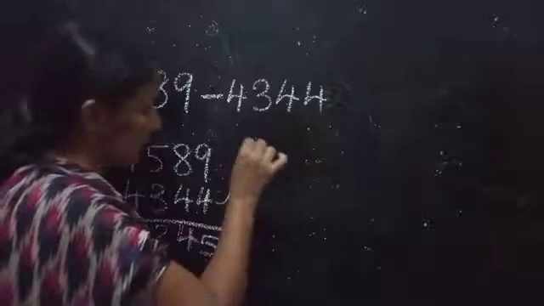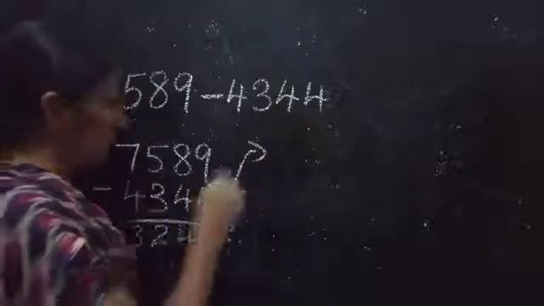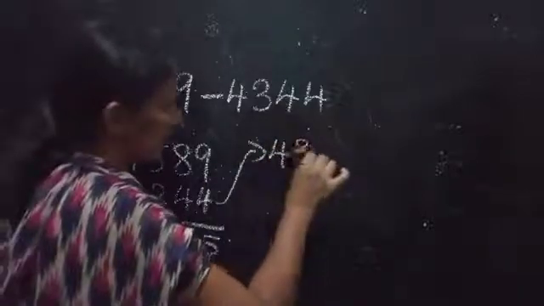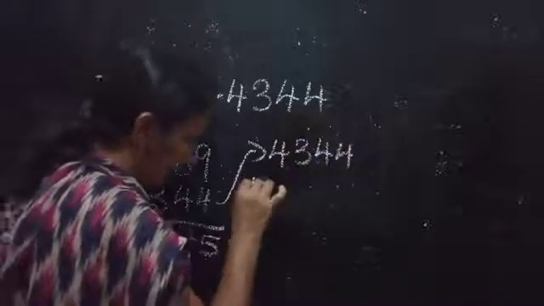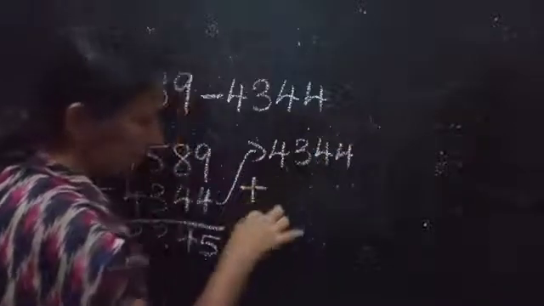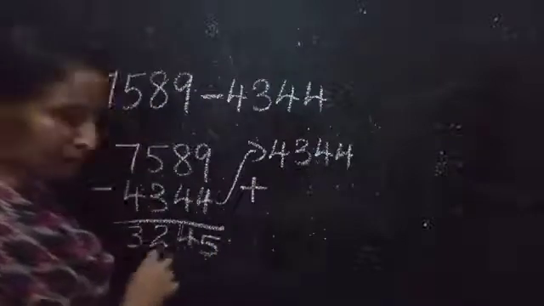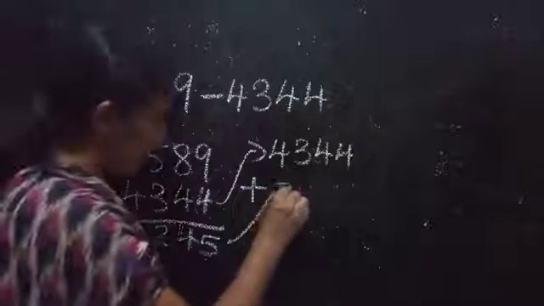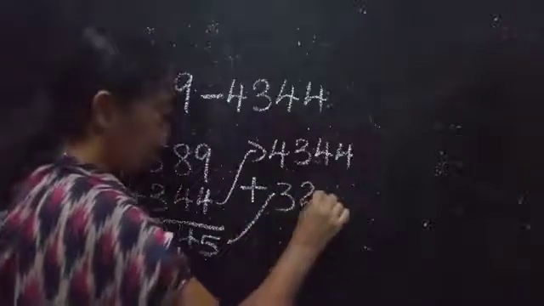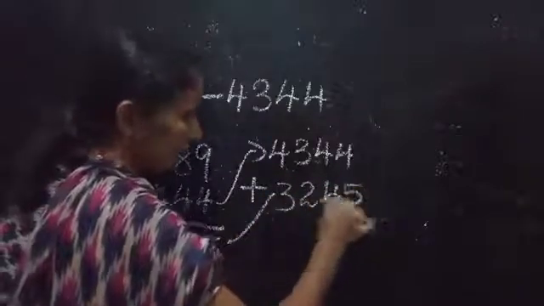First we have to write this number. This is a small number. So 4344. Then we have to put the symbol plus and the answer we got. What is the answer we got? 3245. Okay.